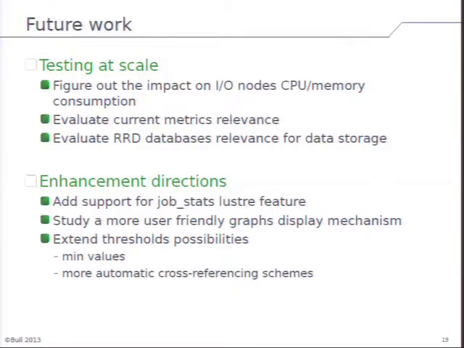Like for example, in our example, we could have set a mean threshold on the I/O size to 50 kilos or something like that. And we could also try to make more automatic cross-referencing using more complex SEC rules.